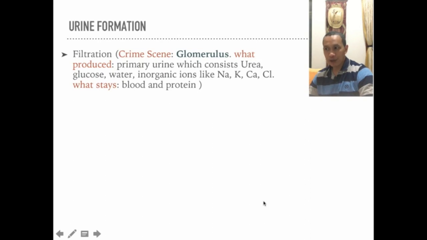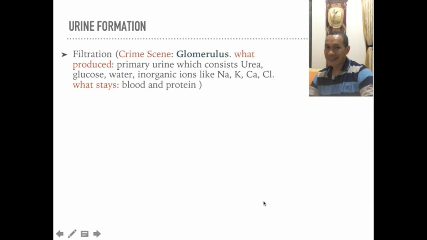What is produced is primary urine, which consists of urea, glucose, water, and inorganic ions like sodium, potassium, calcium, and chlorine. What will stay inside the blood vessels? The blood cells themselves, because they are large, and protein, because it is also large.